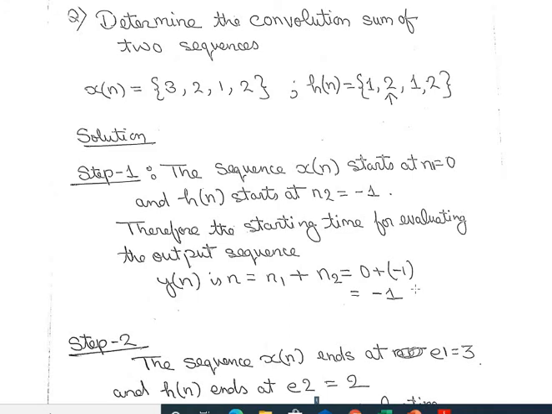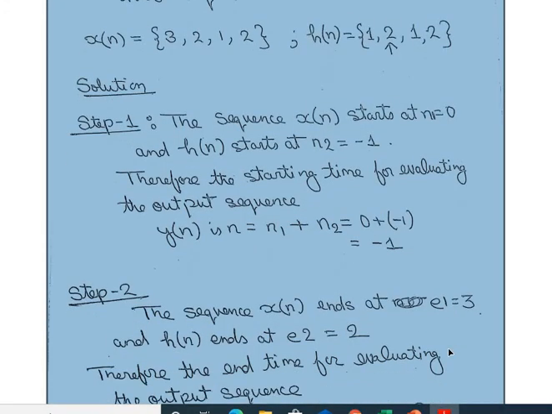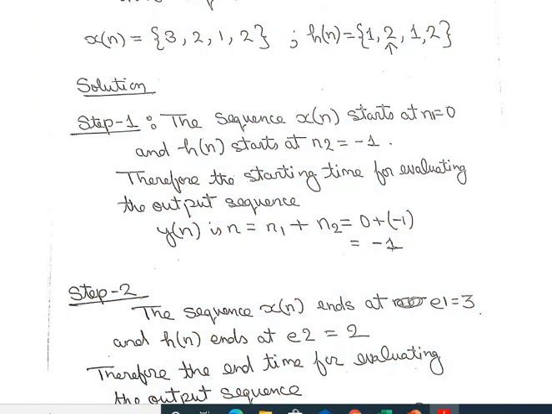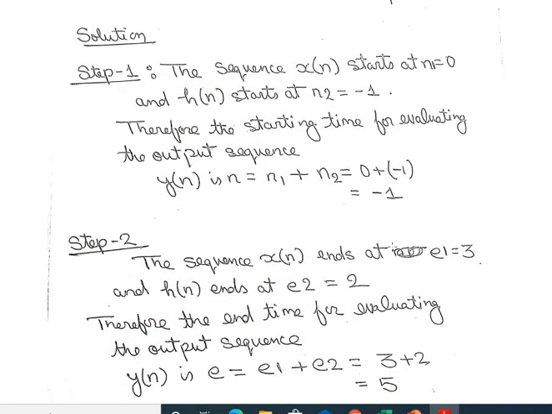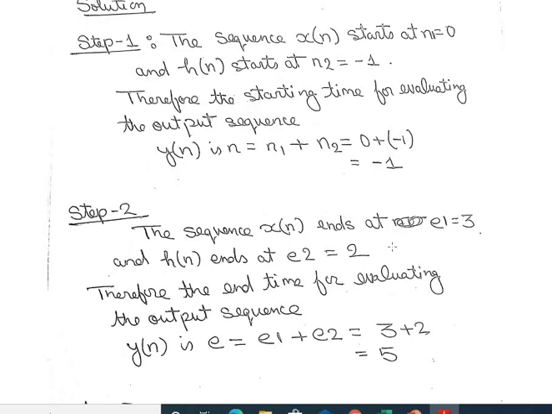Next, in step 2 we have to find the end position of the output sequence. The first sequence ends at 3 and the second sequence ends at 2. When we add them, we get 3 plus 2, that is 5.